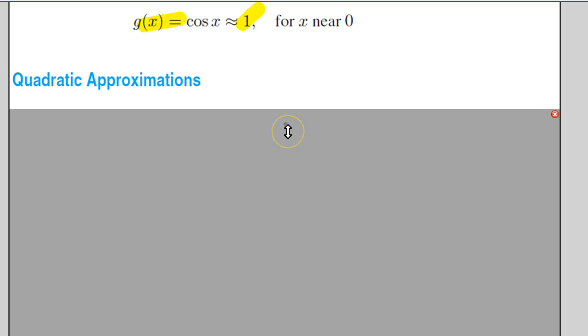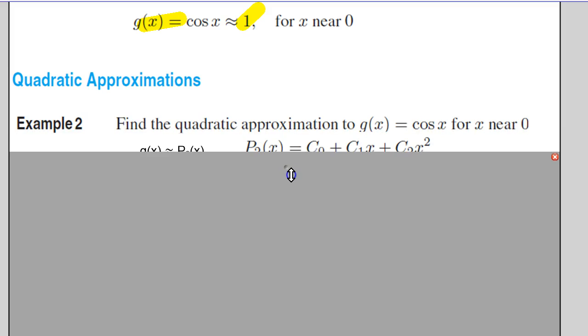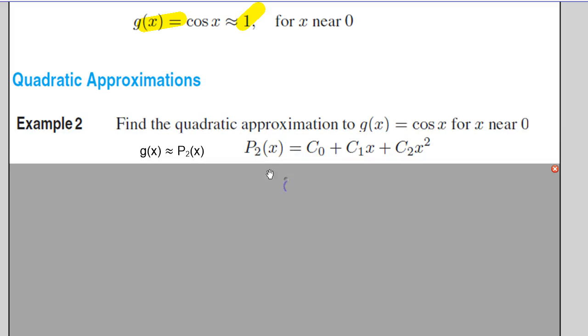In this case, we call this a Taylor polynomial of degree 2, and every quadratic function looks like this form, where you have a constant plus a constant times x plus a constant times x squared. Okay, so in order to come up with our Taylor polynomial degree 2 approximation, we need to figure out what our constants C0, C1, and C2 are.